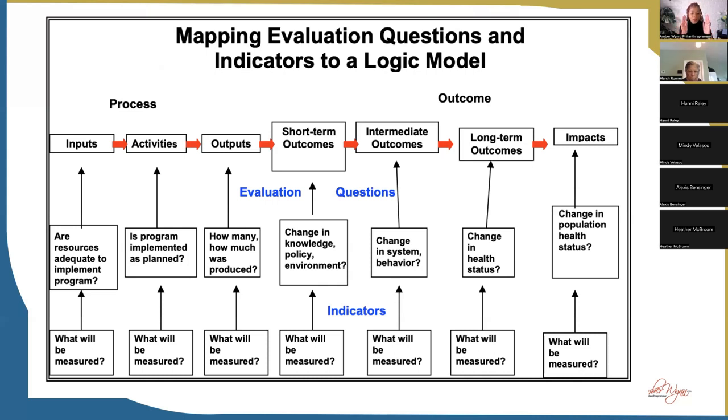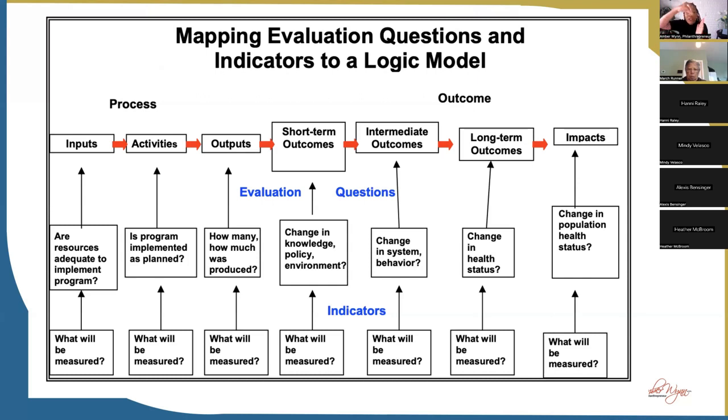Here's the evaluation part. Remember, the process is what you put in, and then on the outcomes is what is expected to come out. Short term, what is going to be evaluated? A change in knowledge, a change in policy, a change in behavior, a change in environment, right? For the intermediate outcomes, what is going to change? A change in system, right?